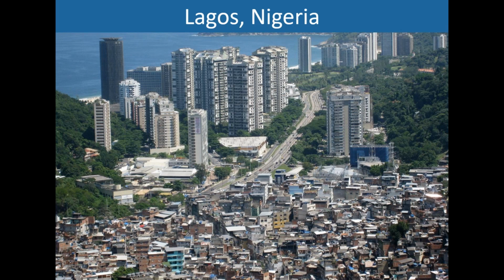Imagine for a moment the people who live at the bottom of this slide. This is in Lagos, Nigeria, a country which is the biggest economy on the continent of Africa. Think of what power and influence those people at the bottom have compared to the people living in the big apartment buildings on top. Hold that in your mind for a second.